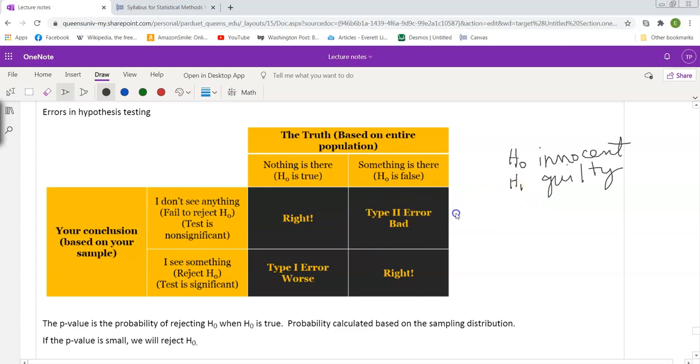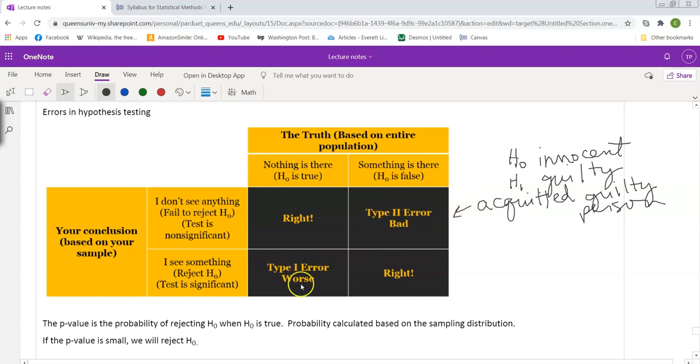This means we have acquitted a guilty person. Okay, that's bad.